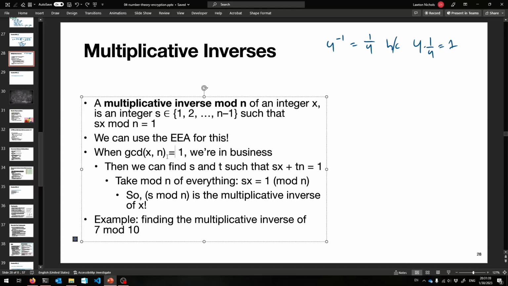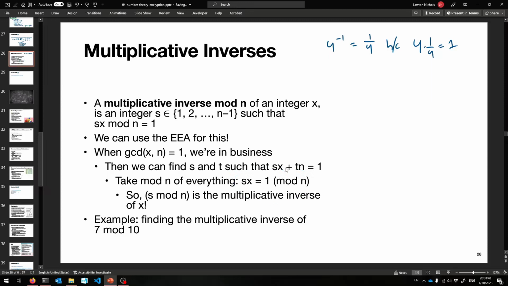So if this is ever true, if the answer is 1, if they're relatively prime to each other, then you can find two numbers, using extended Euclidean algorithm, s and t, such that x times s plus n times t, a linear combination of those two things, equals 1, which was the GCD, okay? And so this will find us our inverse, right? If you take mod n of everything here, this all goes away.